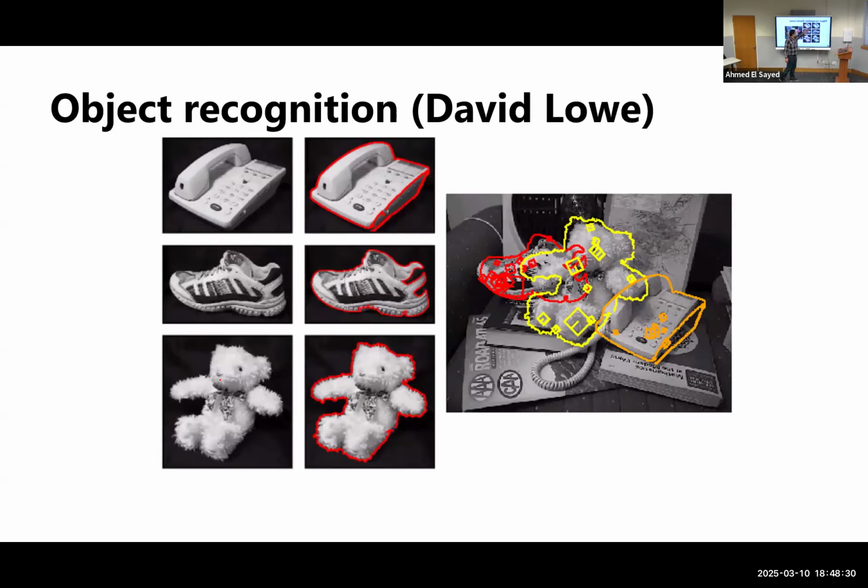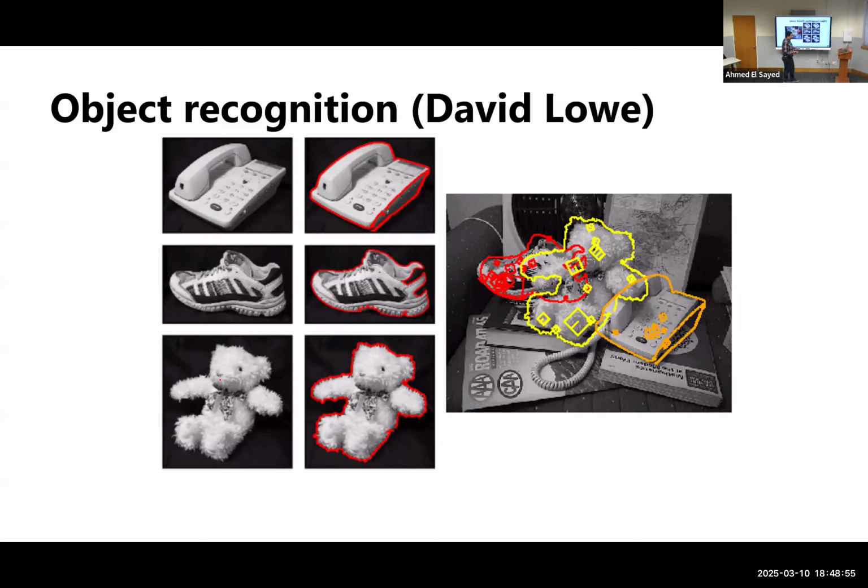I'm looking for this object inside this image. So I can easily find the features of the object by itself and find all the features inside the image, then try to make matching between this and this, and try to find the boundaries based on that. Same for all the objects I have here in the image.